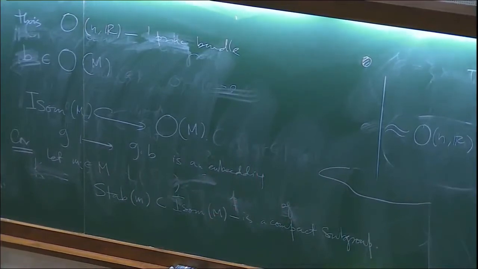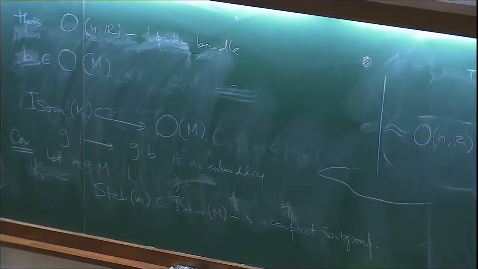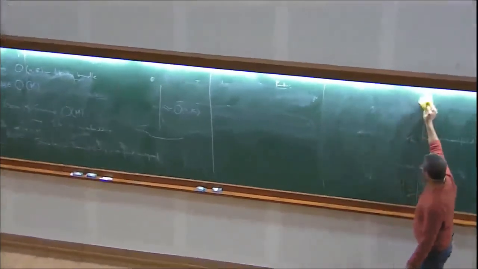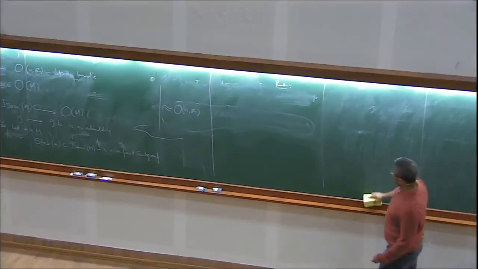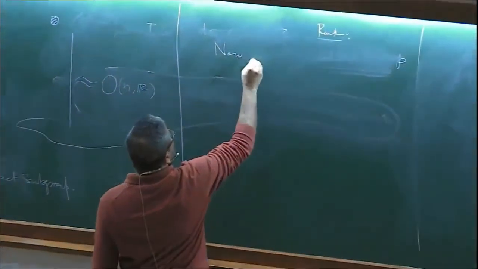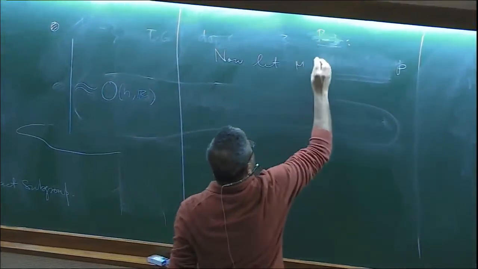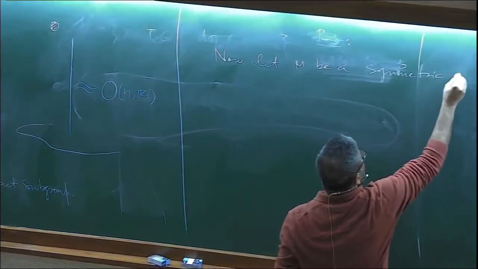So this is a gadget I'm going to assume and produce a Riemannian symmetric pair out of a symmetric space. So I consider a symmetric space, and the isometry group is going to be a Lie group. So now let M be a symmetric space.